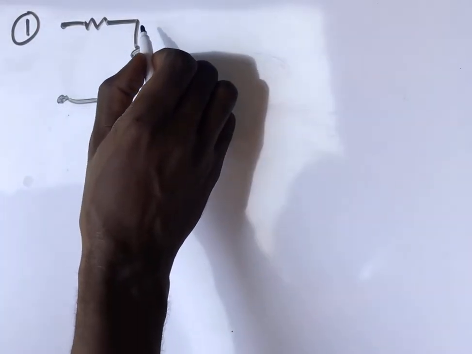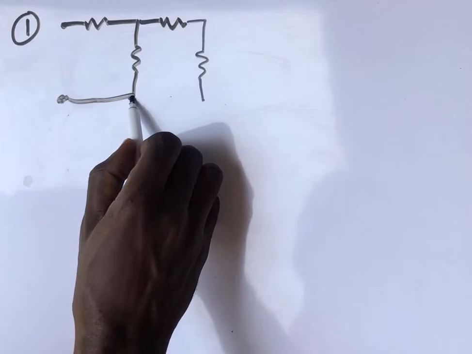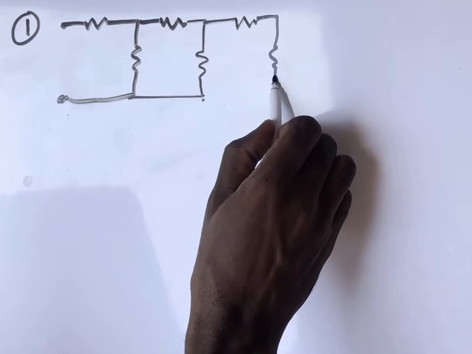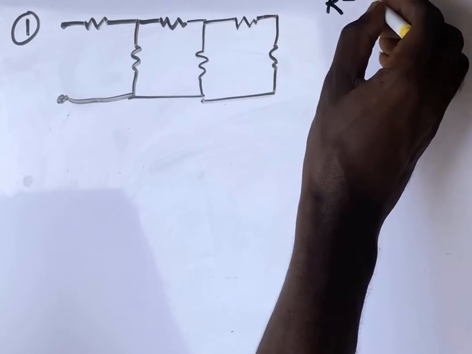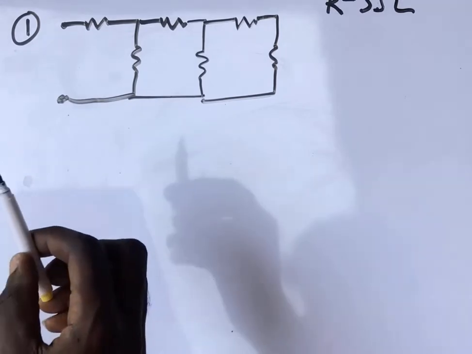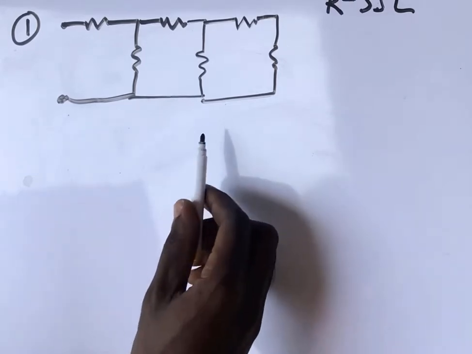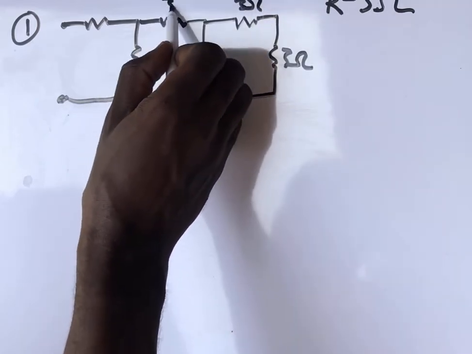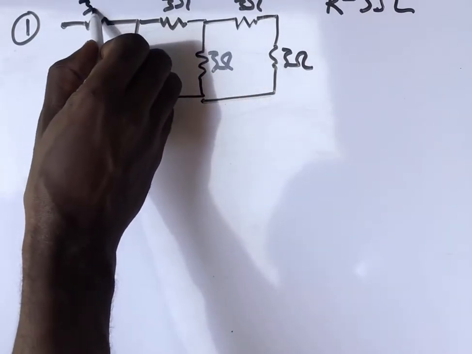Note that all these resistors are 3 ohms, and we have to find the effective resistance. So this is 3 ohm, 3 ohm, 3 ohm, 3 ohm, 3 ohm, and 3 ohm.